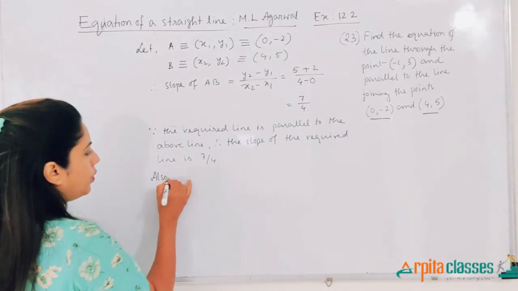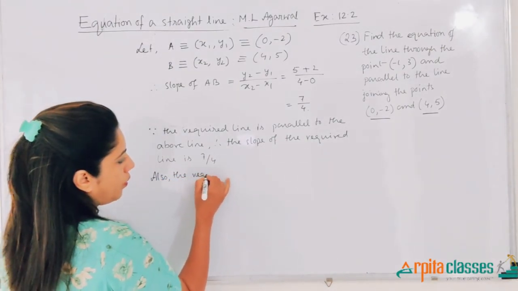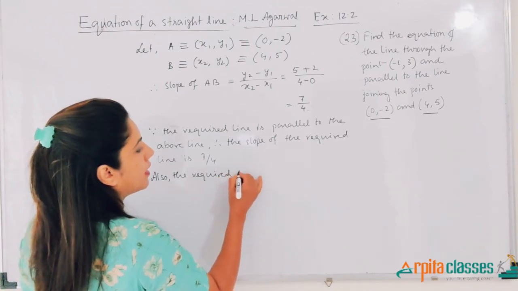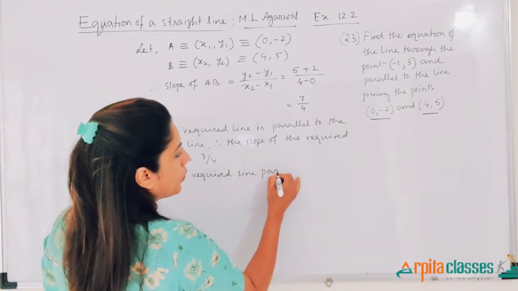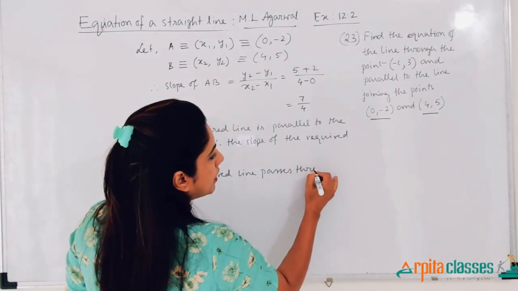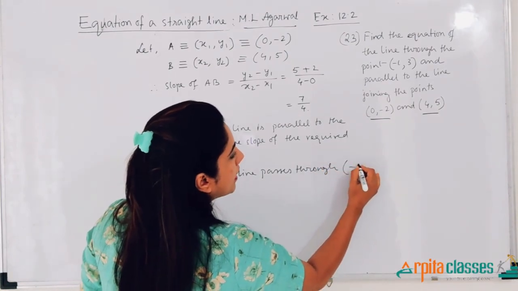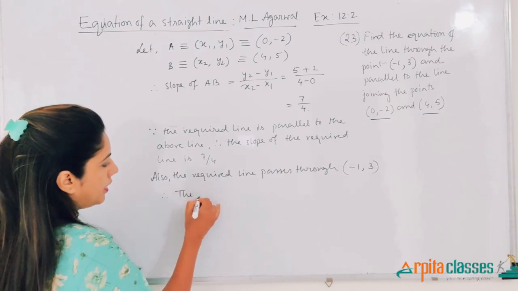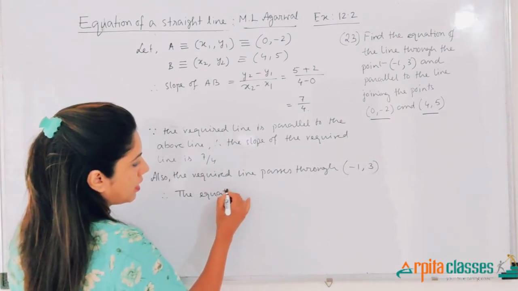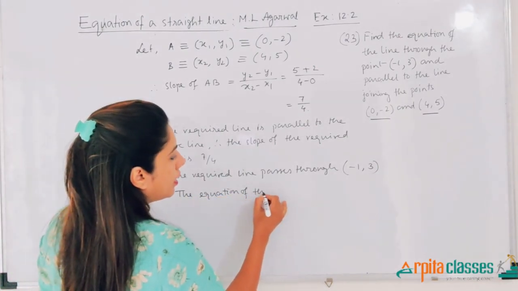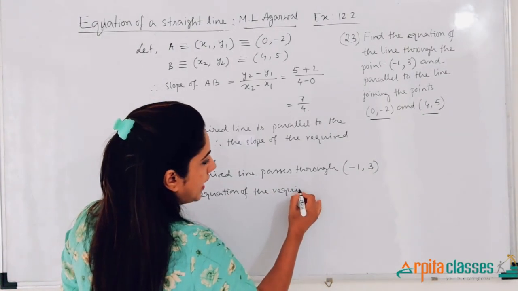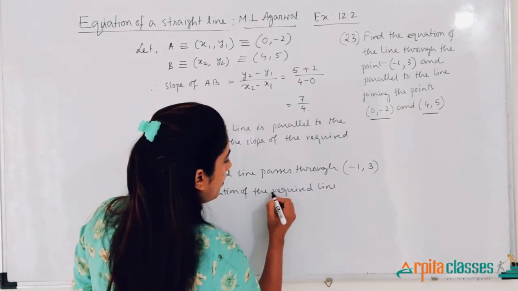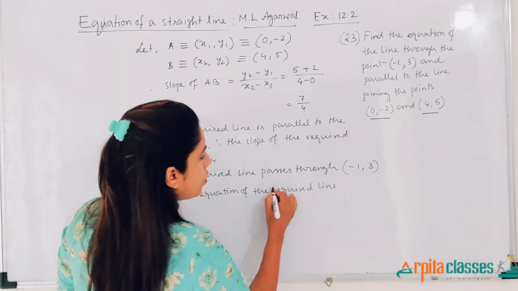Also the required line passes through (-1, 3). Therefore the equation of the required line, which form are you going to use here? Slope point form.